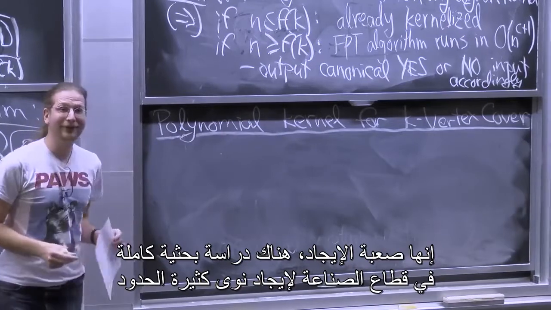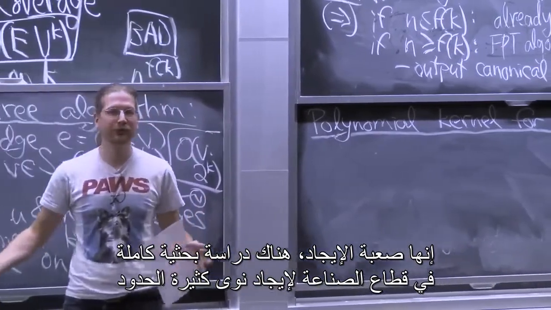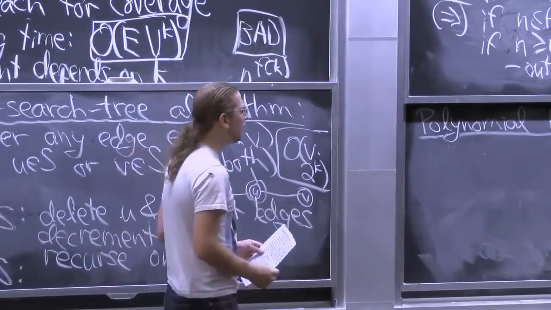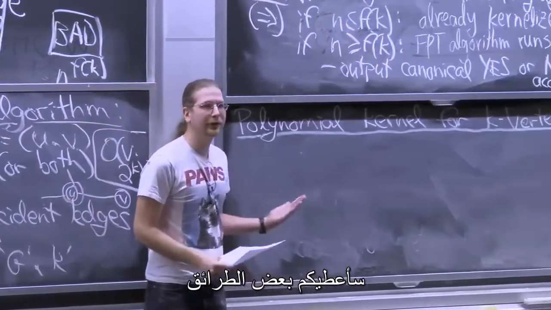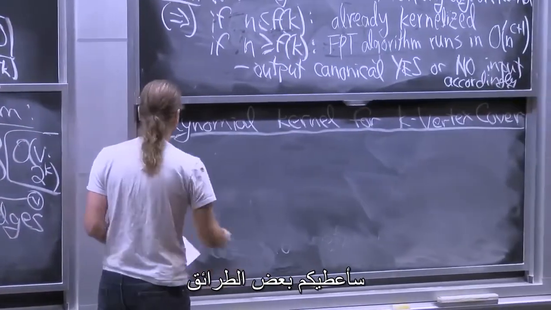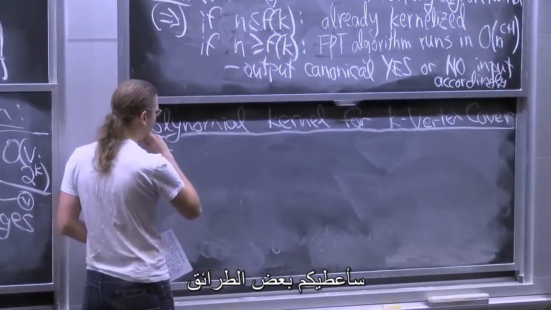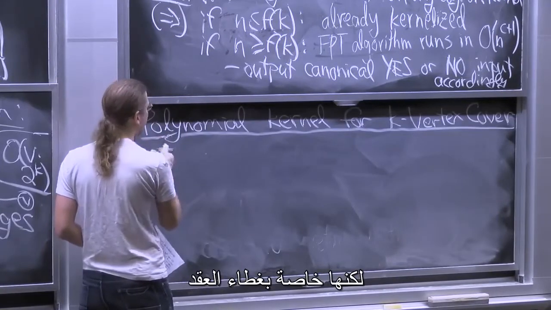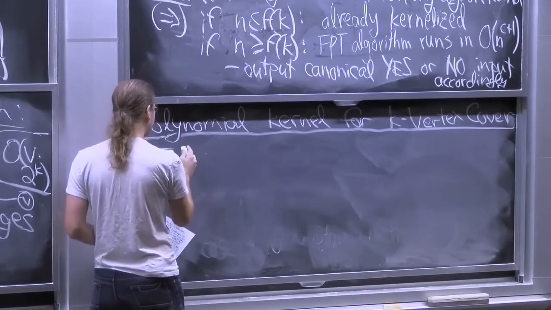These are hard to find, and there's a whole research industry for finding polynomial kernels. So I'm going to give you some methods, but they're specific to vertex cover.